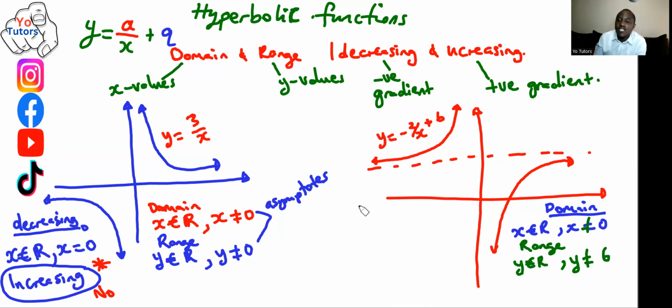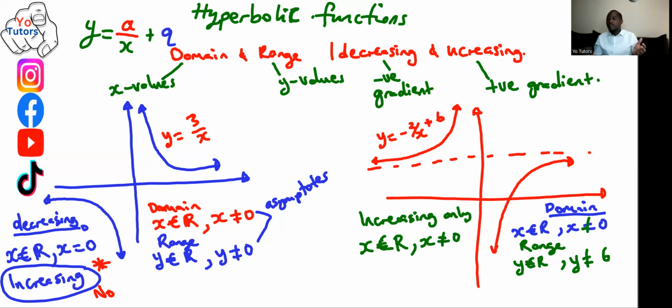If this graph is increasing, if they are to set the values of where it's increasing, x is an element of real numbers, but x cannot be equal to 0. That's where the graph is increasing, because the gradient here is positive, the gradient here is positive. So that's what you need to understand here.